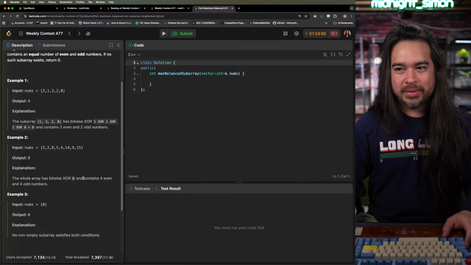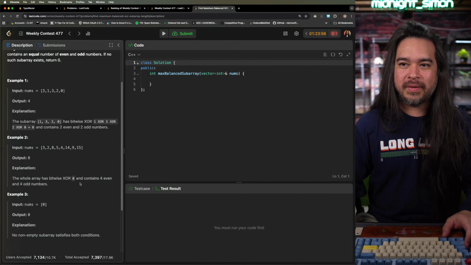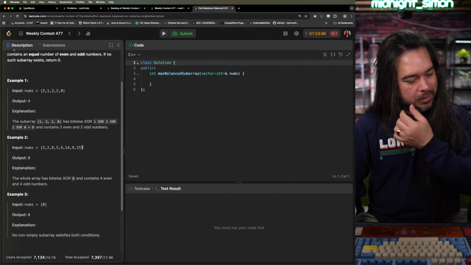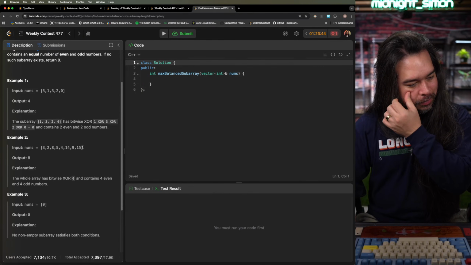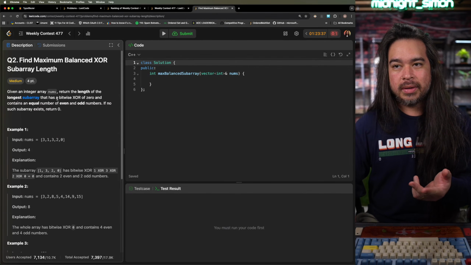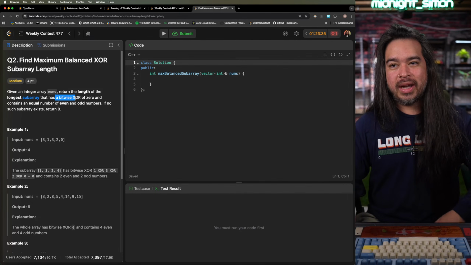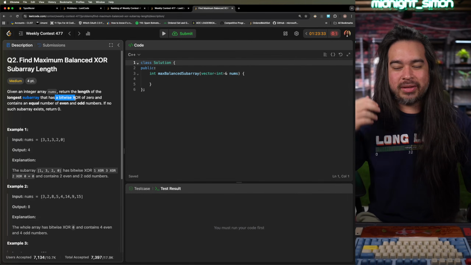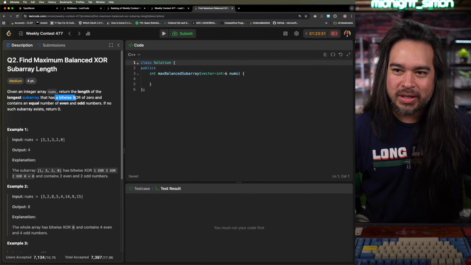How do you know same number of even and odds? Maybe we can have same number of even and odds, but also the bitwise XOR has to equal 0, man. It's like too many constraints for me.